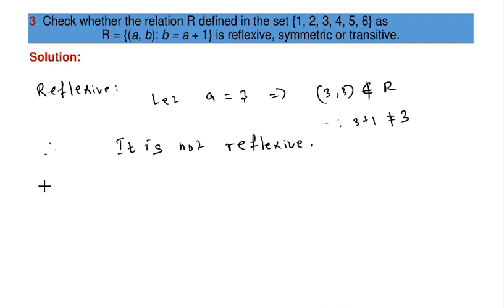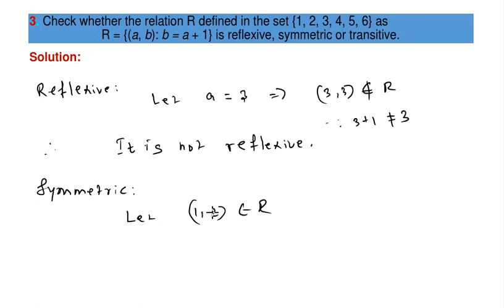Now symmetric. To test symmetric, take any one element of R. We can take 1 comma 2. Why 1 comma 2? The image is 1 more than the pre-image, 2 equal to 1 plus 1.